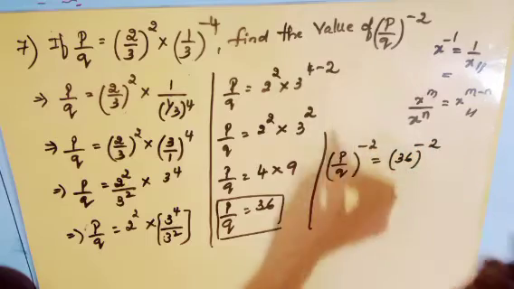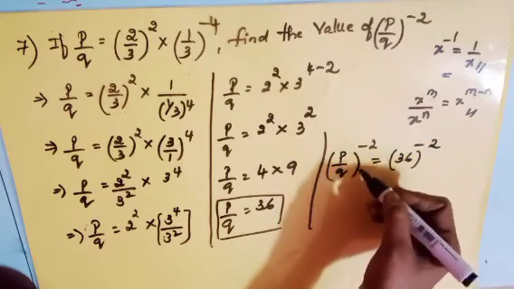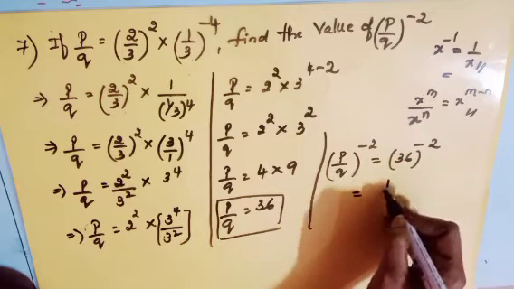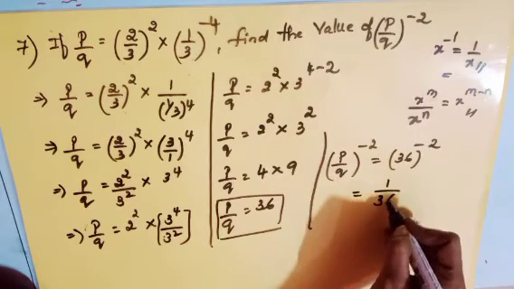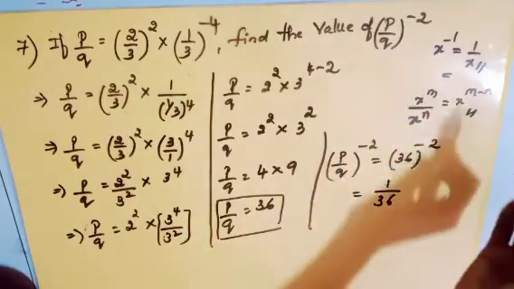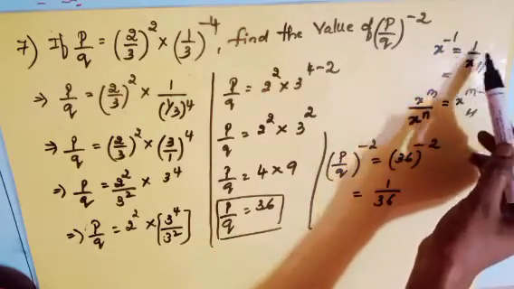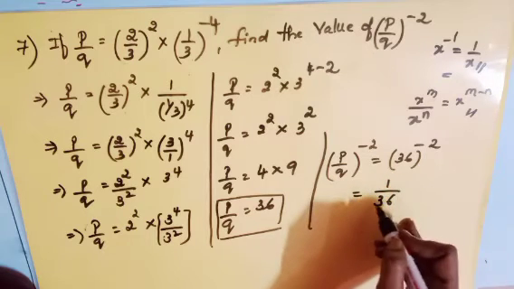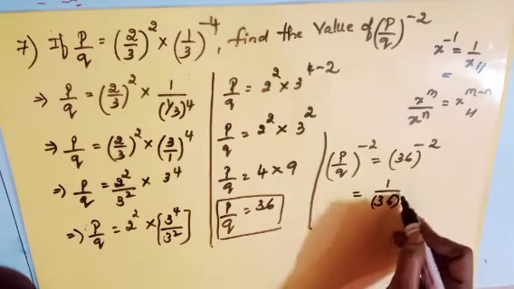This can be written as 1 by 36. That means we have to apply the fifth law, that is x to the power of minus 1 equals 1 over x. So we can write this as 1 by 36 whole square.